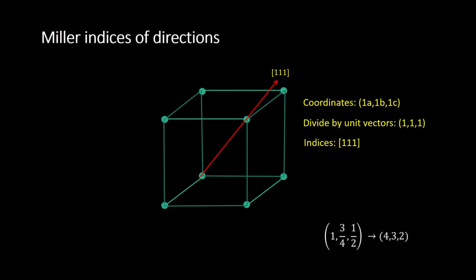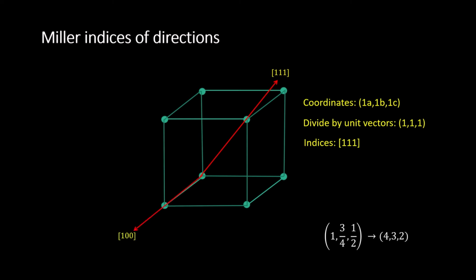For example, instead of 1, 1, 1, if you get something like 1, 3/4 and 1/2, then it will become 4, 3, 2 by multiplying all those three numbers by the common divisor 4.